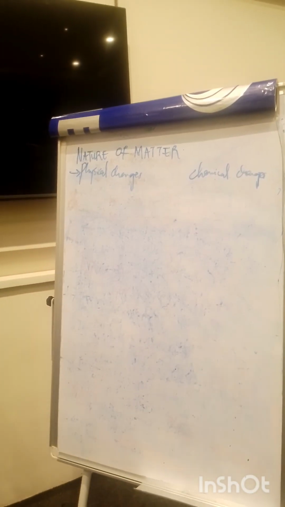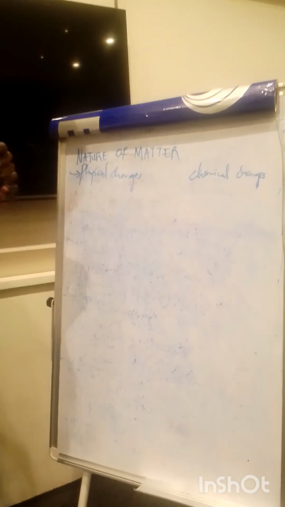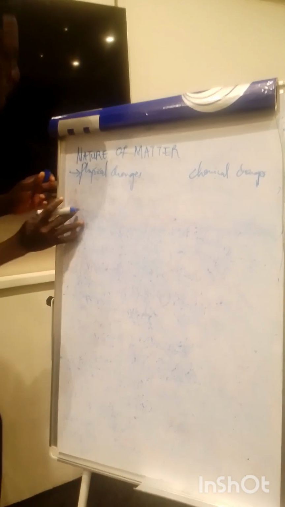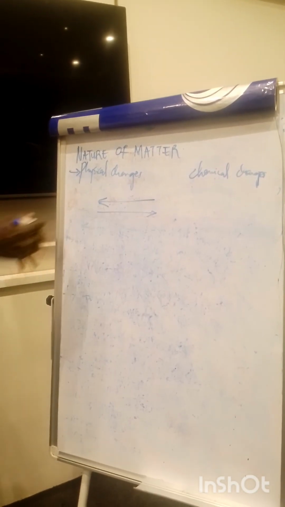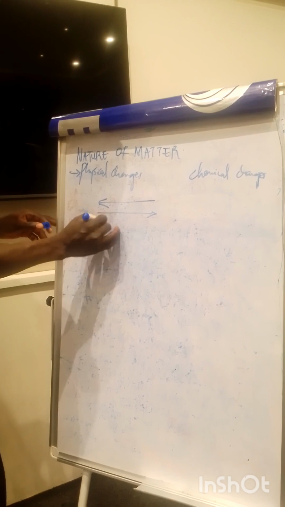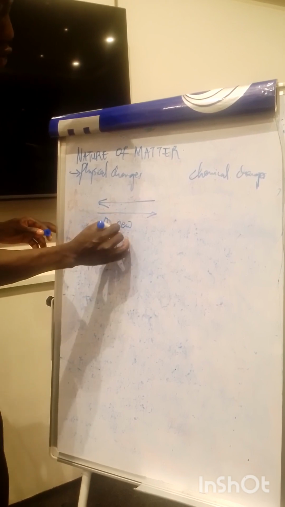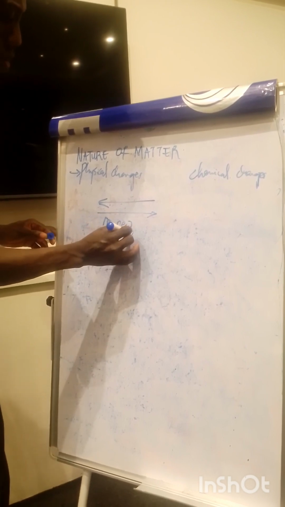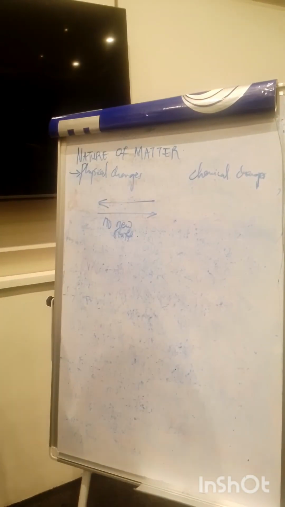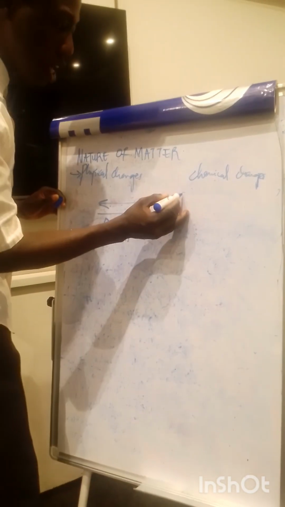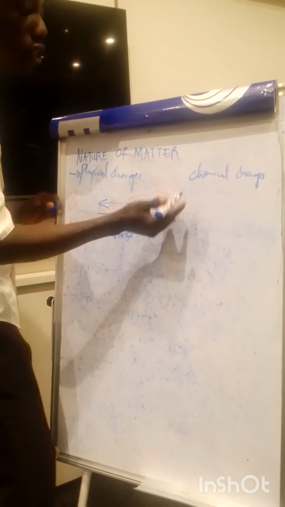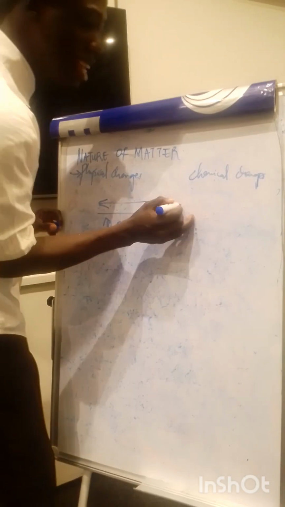Now, what is physical change? Physical change is simply the one that is easily reversible, and no new substance is formed. It will not form new stuff. But a chemical change is the one that is not easily reversible.